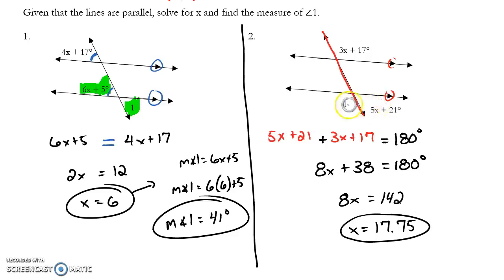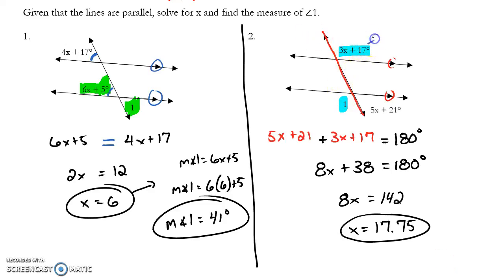I do see that these two angles are a linear pair, so if I substitute into here, 180 minus this angle measure is angle 1. But I might also recognize that angle 1 and this angle are alternate exterior angles. Alternate exterior angles are congruent.